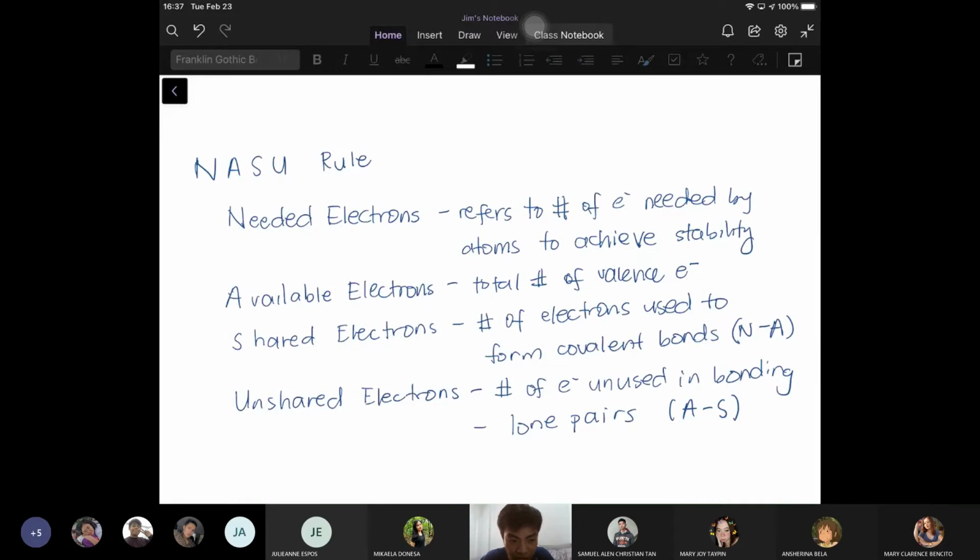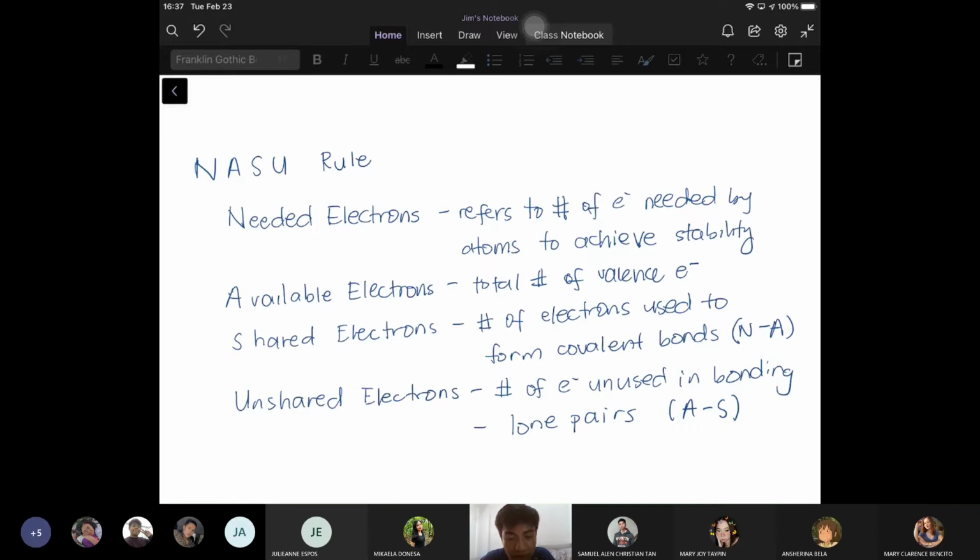And if two electrons are shared, we can have one chemical bond. No? So, for each chemical bond, dalawang electrons yung ginagamit. Okay? So, for you to determine how much electron must be shared, you must subtract needed and the available electrons. So, N minus A will give you the value for S.